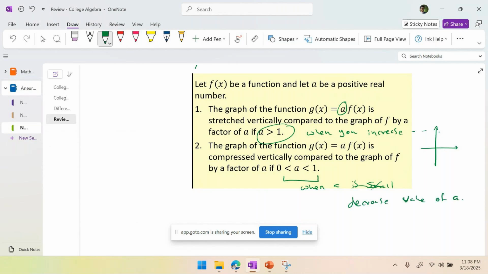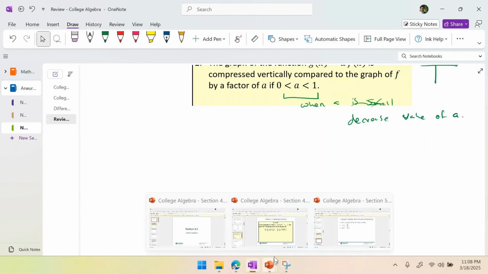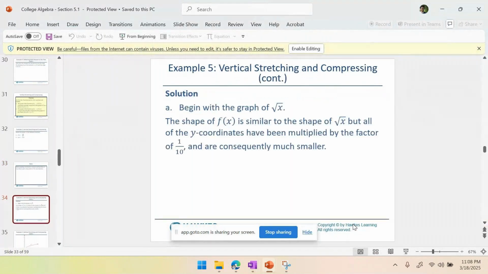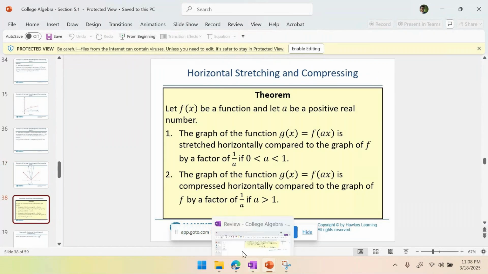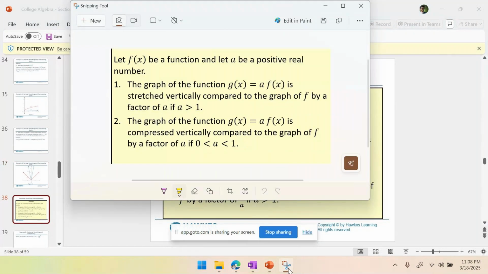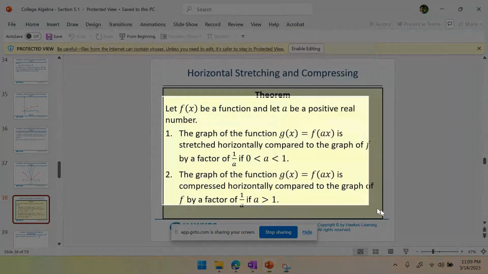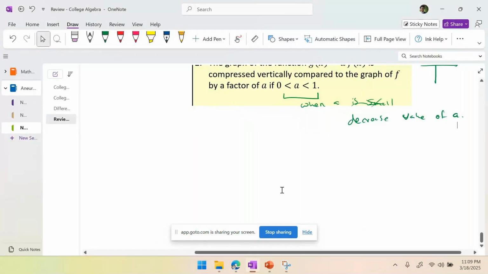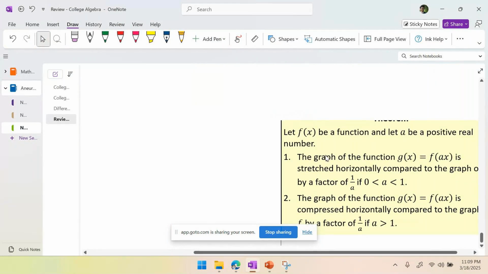Okay, now the difference comes when you have this constant inside. Let's take this one as well.